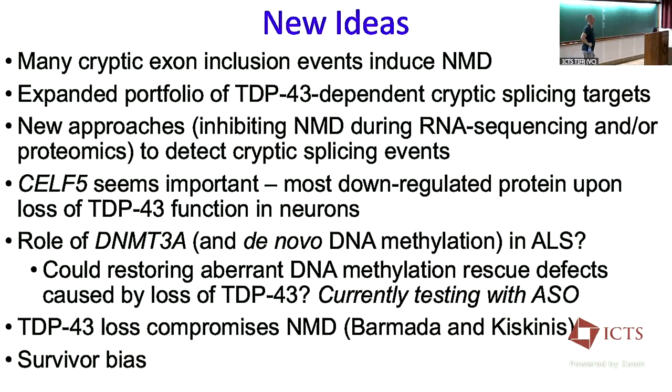Yeah, I think probably it's hard to use yeast to study the loss of TDP-43 function. That being said, I think the loss of function, when it aggregates, is tied in to its eventual loss of function.